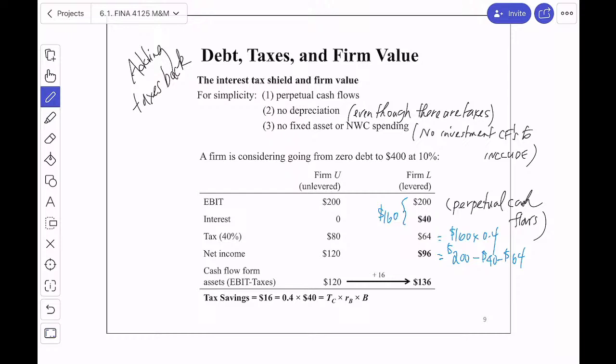No questions so far? So what do we have? What are the cash flows? Net income are not cash flows, right? Because here, net income for the unlevered firm is 120.